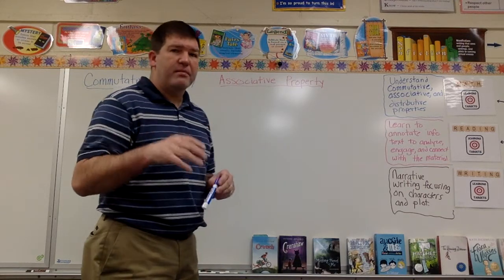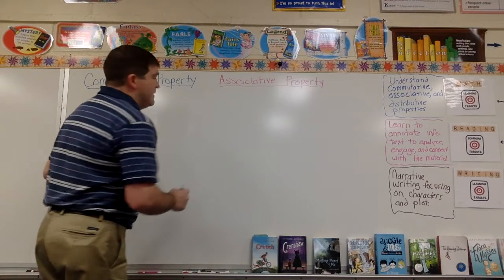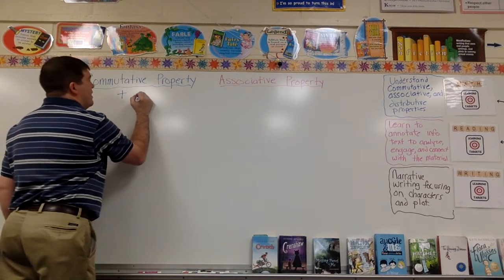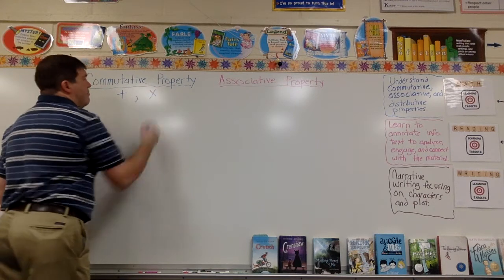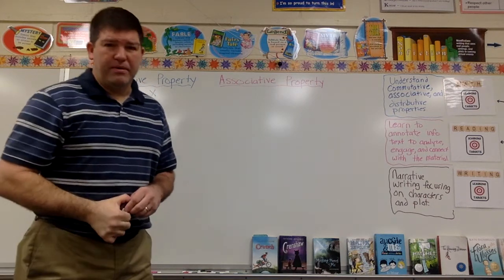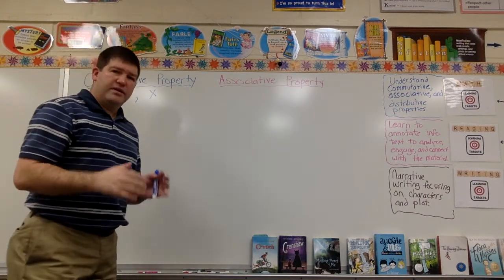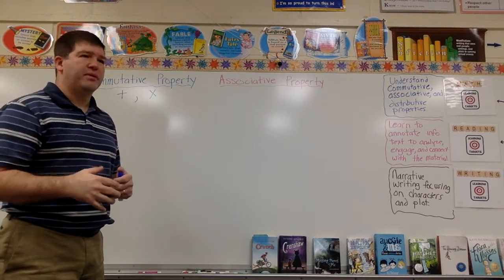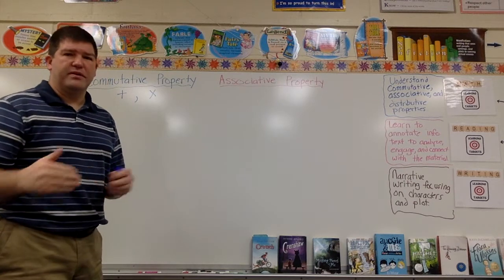Now, the thing I want you to remember with both of these is with commutative, there's an addition and a multiplication component. So this works for addition and multiplication. You can't do a commutative property with subtraction or division.